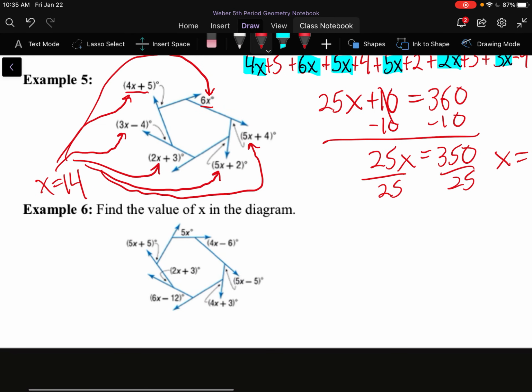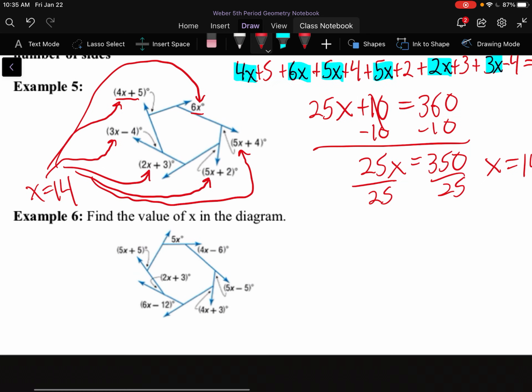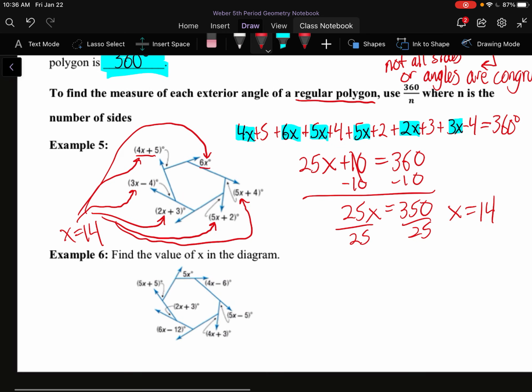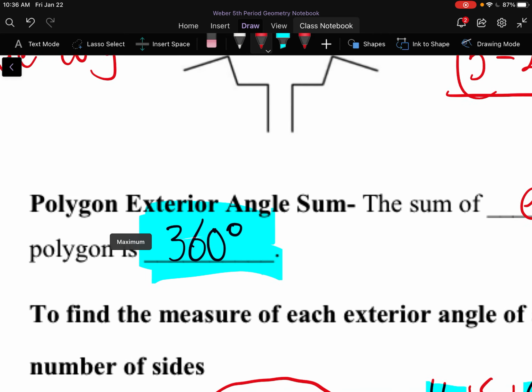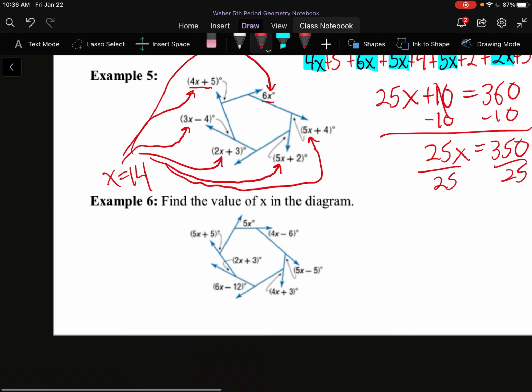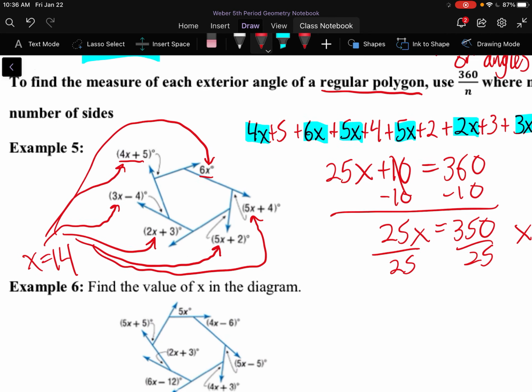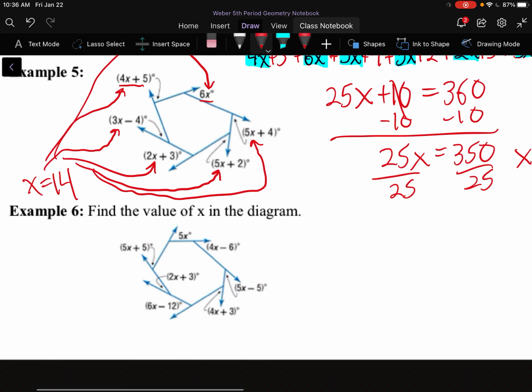Finally, example 6, find the value of x in the diagram. Again, here we have a convex polygon. Convex polygons, again, the exterior angles add up to 360 degrees. So I'm going to use that. I'm going to set it up the same way I set up example 5 here.